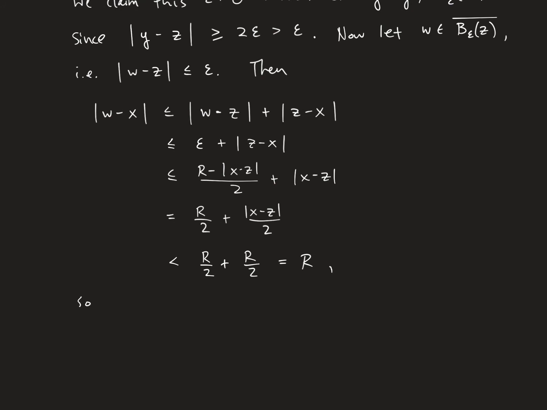So indeed w is in the ball of radius r around x. It follows then that the closed epsilon ball around z is contained in this open r ball around x. So that completes the proof of the lemma.